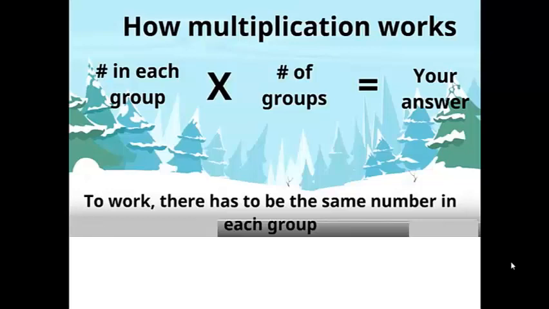Yes, and remember how multiplication works. Number in each group times number of groups equals your answer. Number in each group times number of groups equals what? Your answer. To work, there has to be the same number in each group.